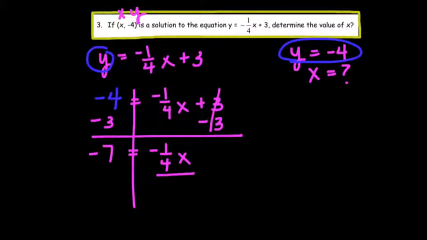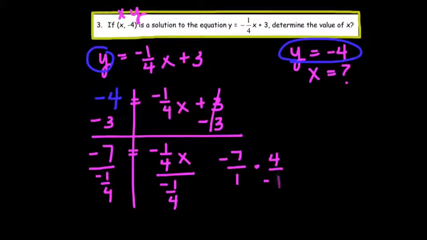So finally, to solve for the x, I'm going to divide both sides by a negative 1/4, which is like saying negative 7 over 1 times 4 over negative 1. That fraction flips when we're dividing fractions. So this is going to give me a final answer of 28 is equal to x.